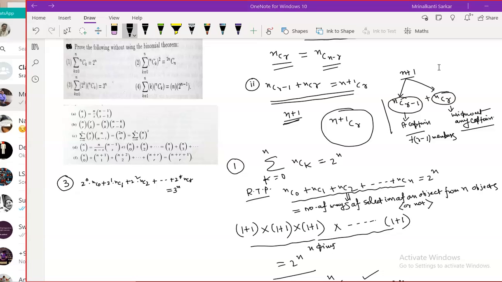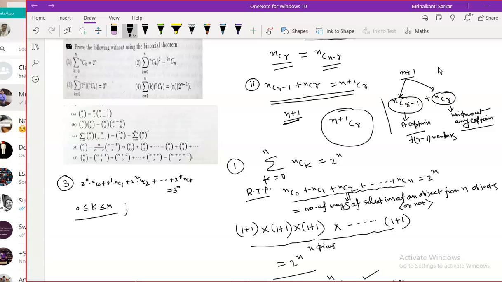Now you have selected k people. This k must have values between 0 and n: k greater than or equal to 0, less than or equal to n. Now from those k people, you are selecting a subcommittee.